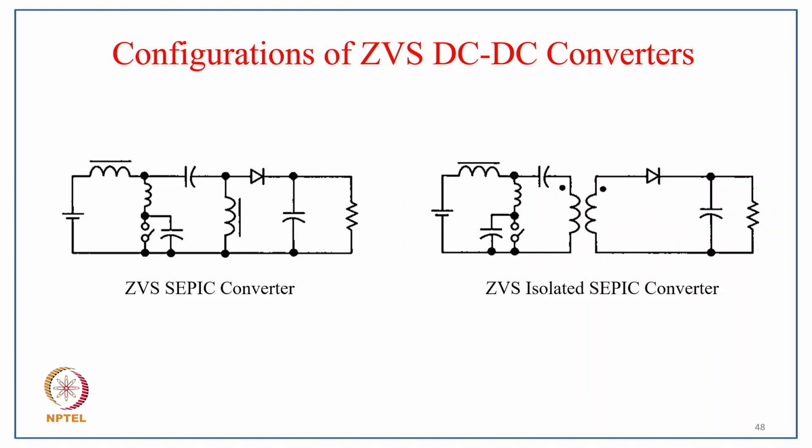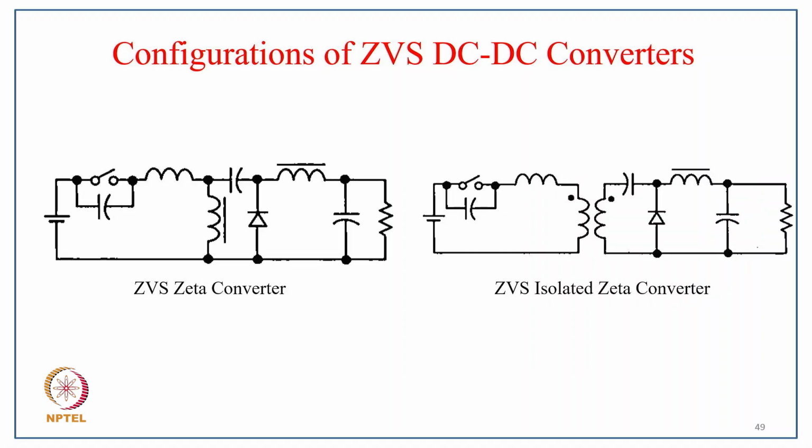Then the ZVS SEPIC converter: here also we connect the capacitance in parallel to the switch and the inductor in series with the switch to form the resonant circuit. Similarly for the isolated SEPIC, we connect the capacitance in parallel and the inductor in series, and the remaining circuit remains the same. Similarly the ZVS Zeta converter has capacitance in parallel and a series inductor in series with the device, and similarly for the isolated one, also capacitance in parallel and a series inductor in series with the switch.